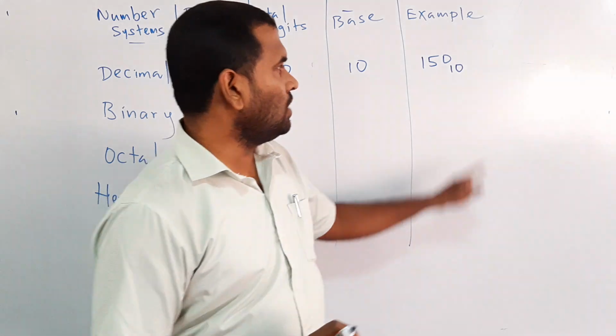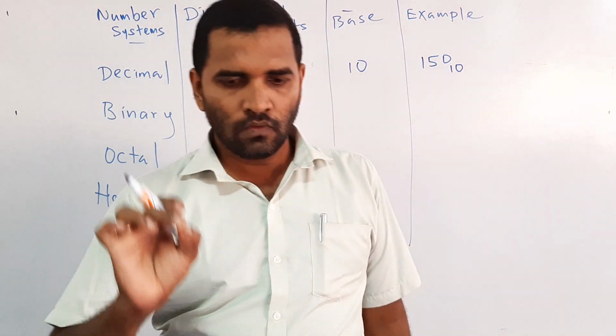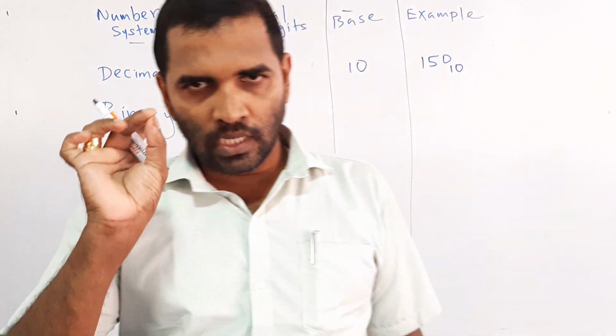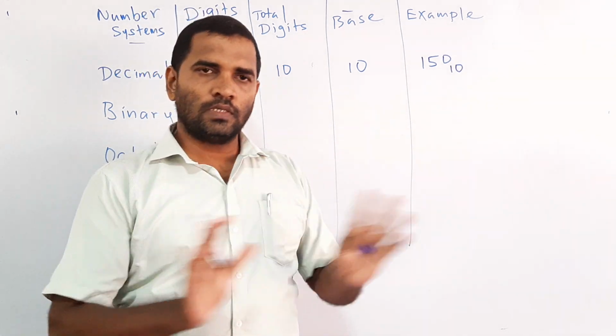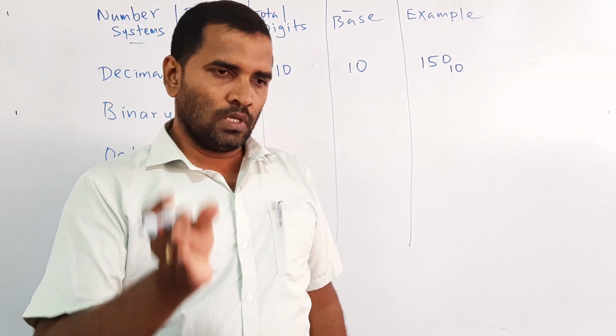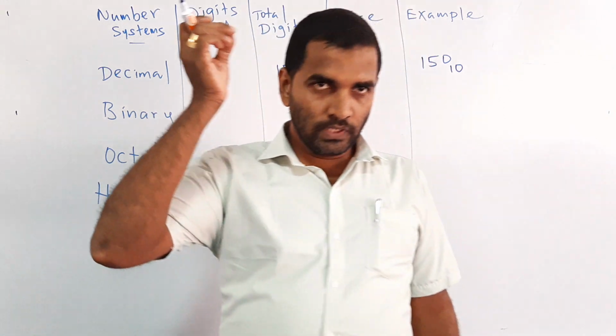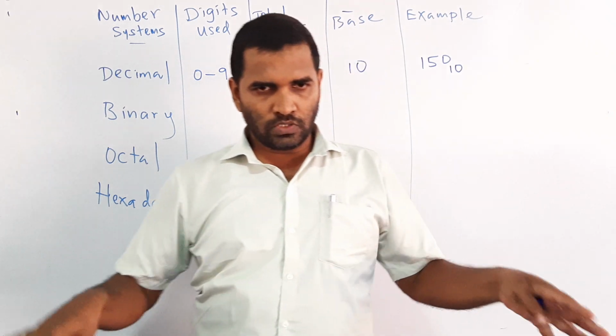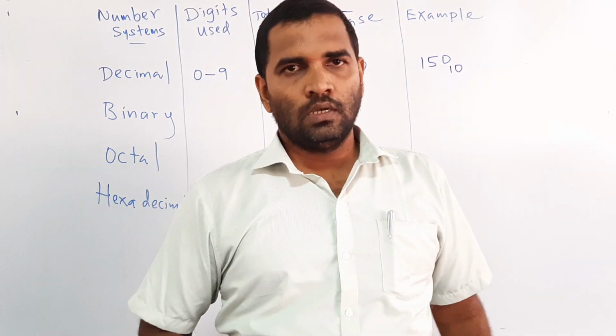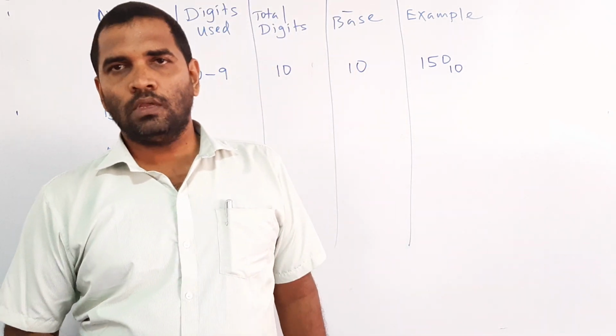So remember, if a number is written without base, that should be a decimal number. So decimal number doesn't need any base, because that is the number system which is used everywhere by people. So since it is used everywhere, the base can be ignored.